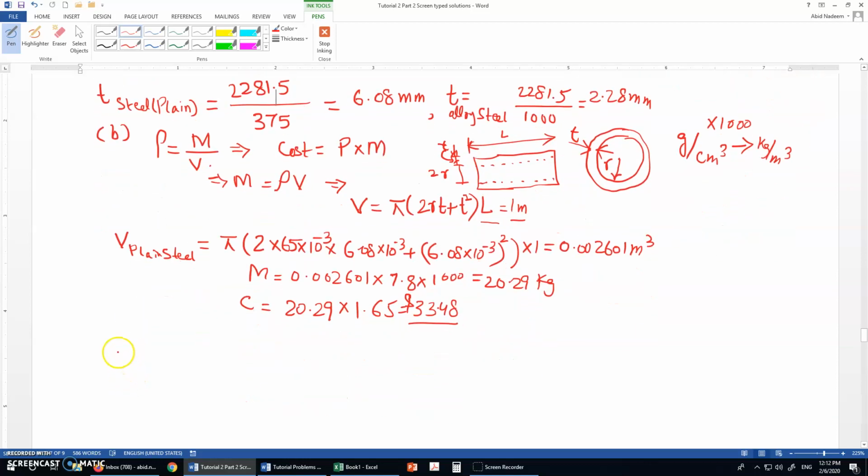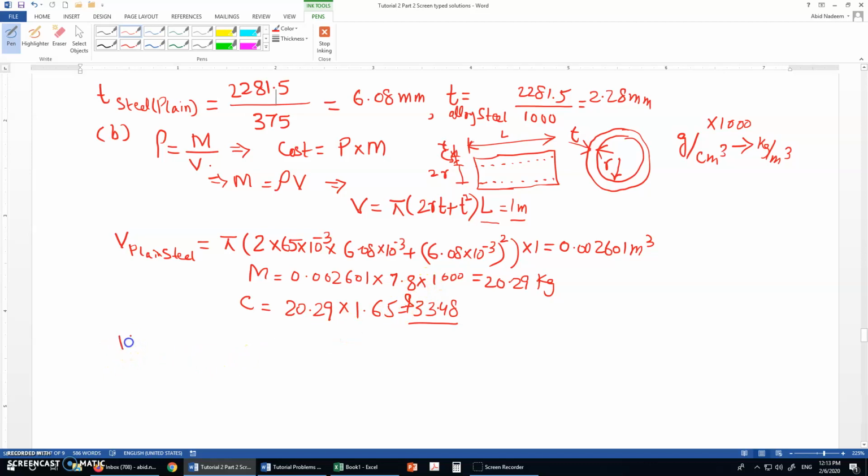So the only thing that changes over here will be the thickness, in the same formula. So the thickness value will be changed, so the volume will be changed, and then this volume will be multiplied by its respective density and the cost.